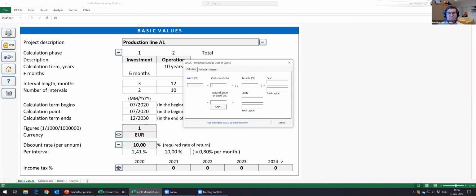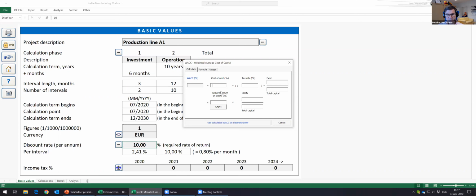And I think this is very important to understand when you talk about discounted cash flow methods, like this program is based on. So you calculate the cost of capital, the weighted average cost of capital. So if this is a typical project within your company, then you can use your company WACC, and then you calculate that this way.